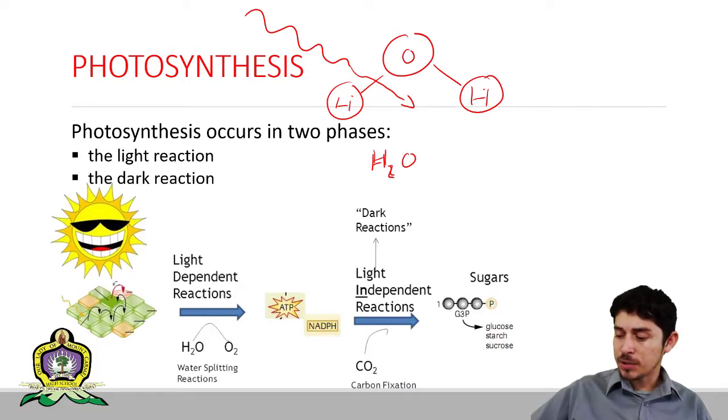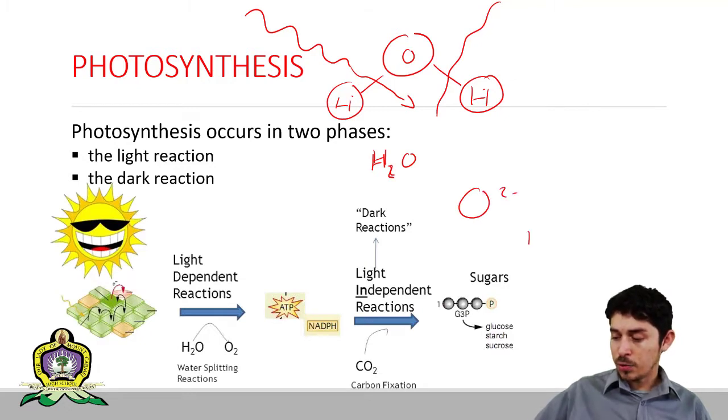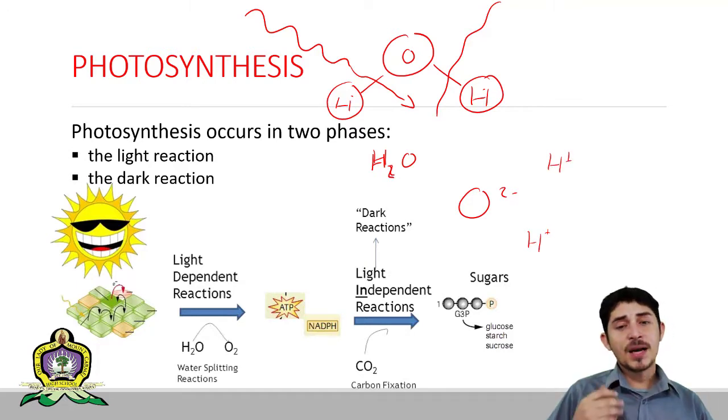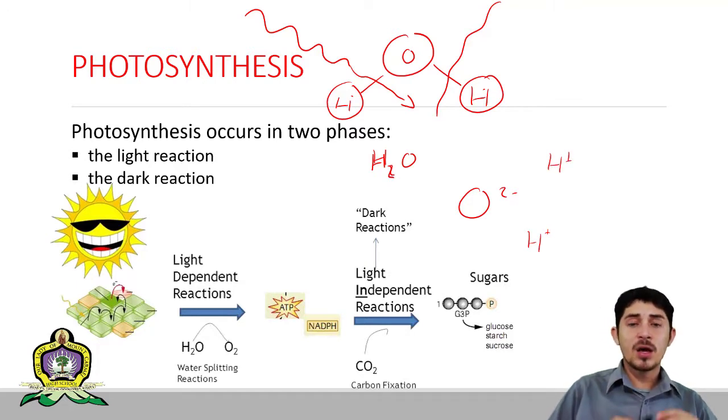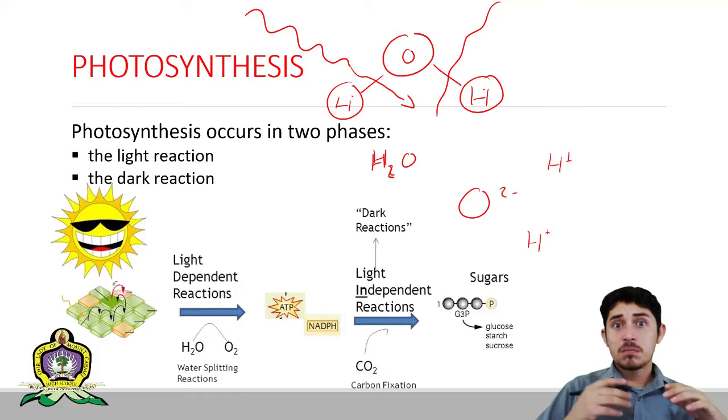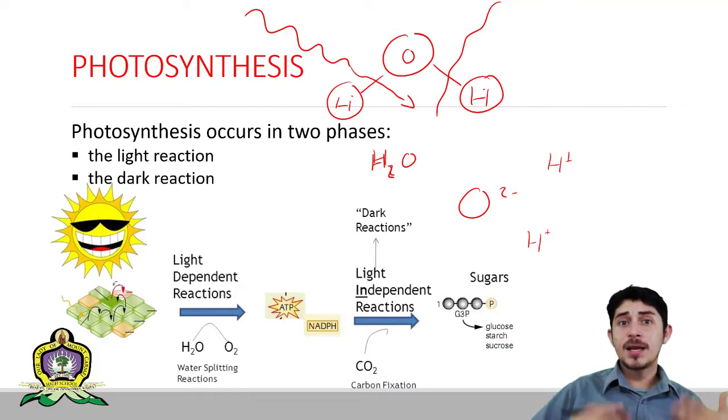Same thing happens here. What this does is that it releases oxygen and it releases hydrogen. Because of this, we end up with oxygen free and hydrogen free. So all the water that is being taken in by the plant is being broken down by sunlight, and it has to go through chlorophyll.